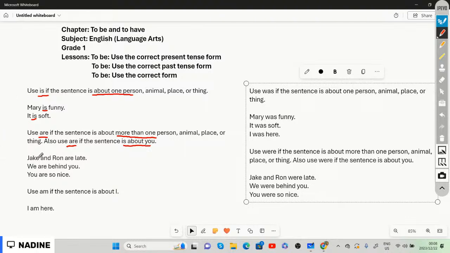For example, Jake and Ron are late. So it's basically two people. This refers to two or more people doing a specific action. We are behind you. We refers to more than one person.